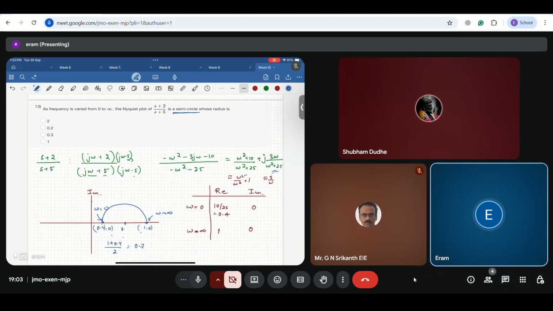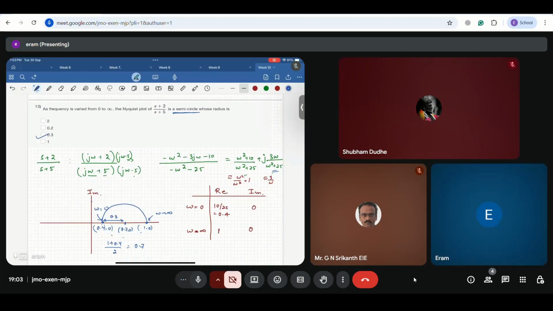So this point is 0.7 comma 0. Now the radius will be 0.3. Any doubt? No, ma'am.